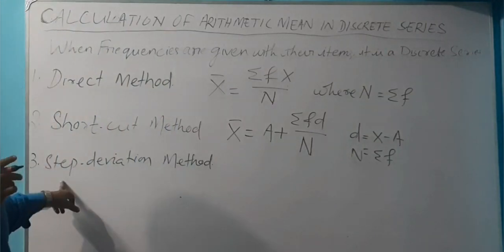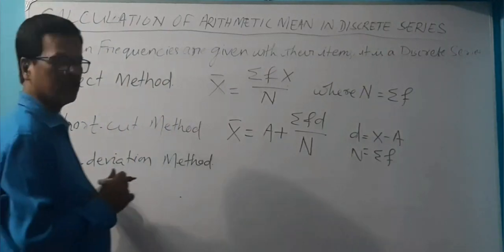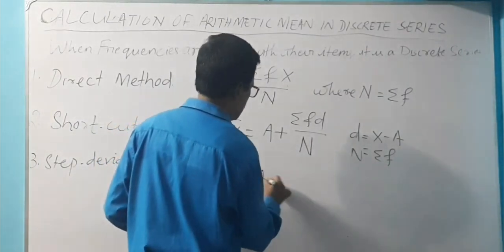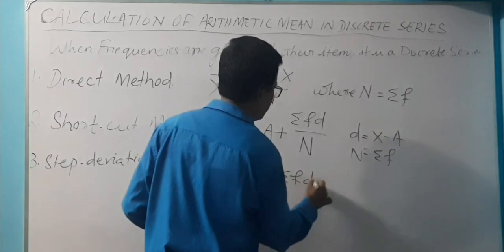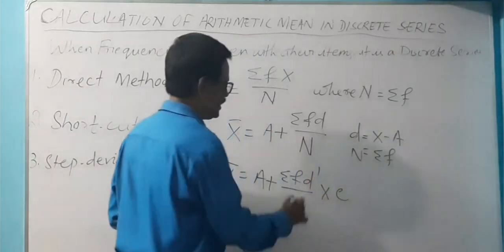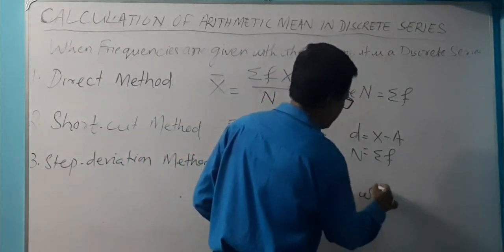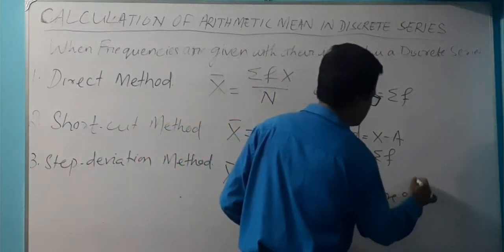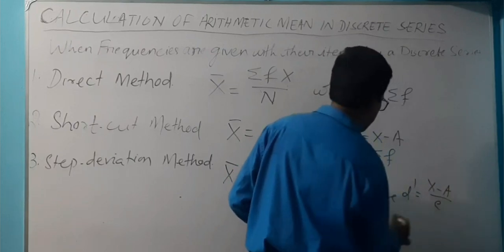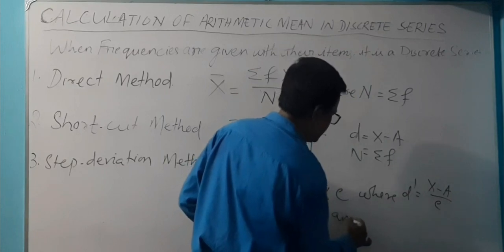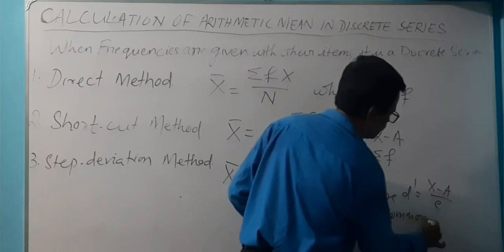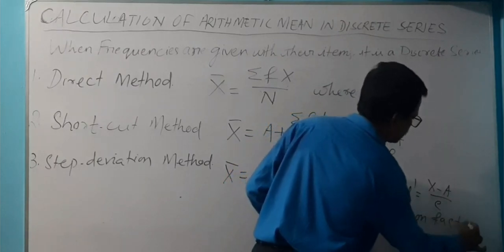To calculate arithmetic mean in step deviation method, we have to put the formula x bar is equal to a plus summation f d dash by n into c, where d dash is equal to x minus a divided by c, and c is the common factor.